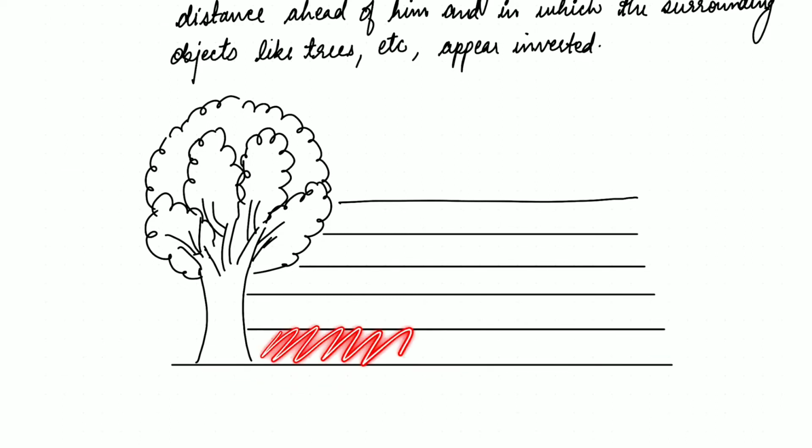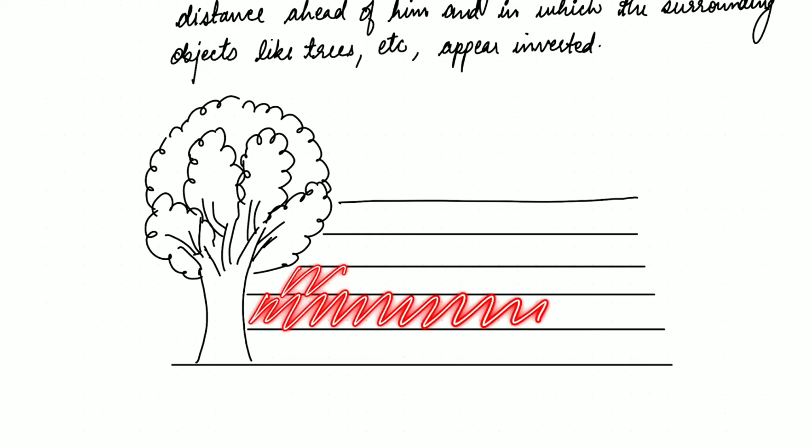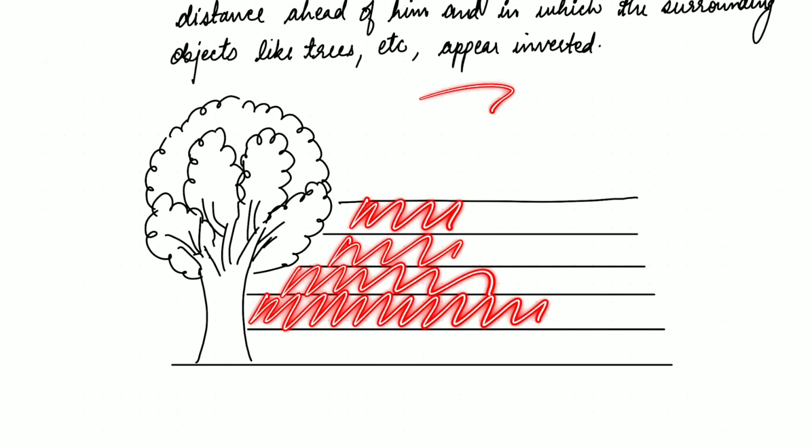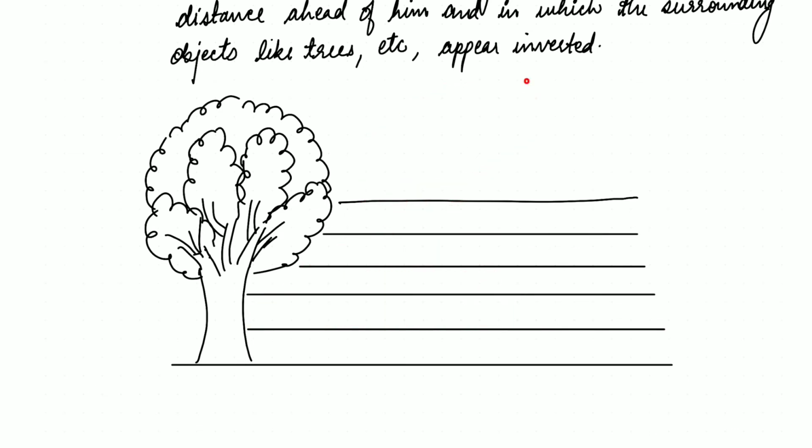Hotness at this particular level will be huge, and at this level it will be relatively less, relatively less, and here we have maybe colder air. So your hotness is maximum here, then relatively less, less and less, right? Because of that you can see there is a layer-like formation here.